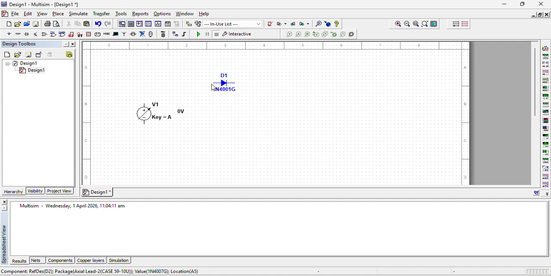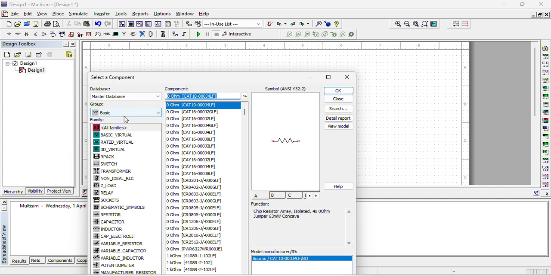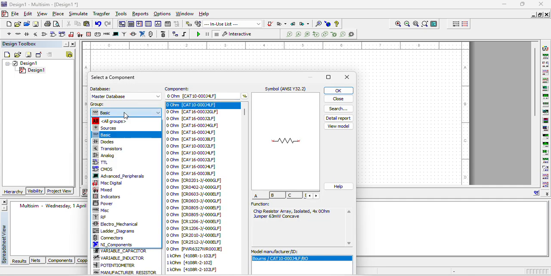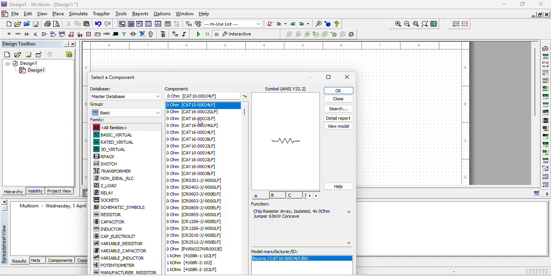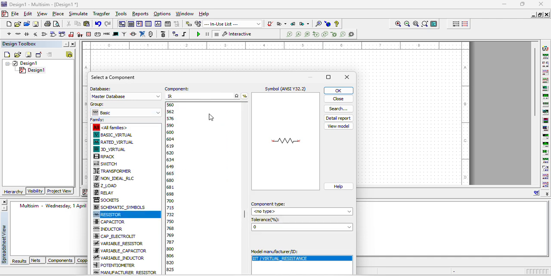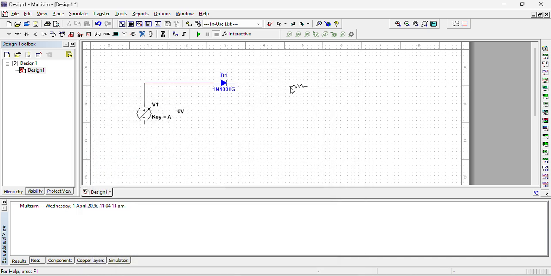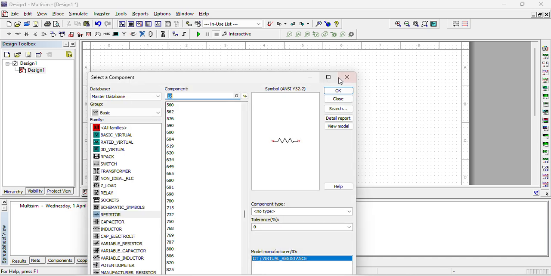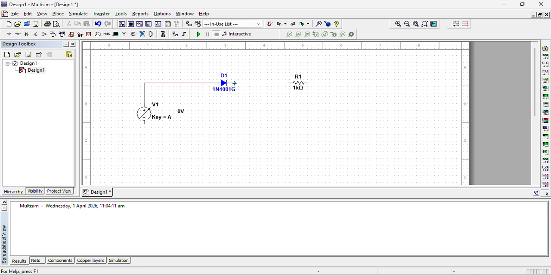So let's use this diode, and let's use a resistor as a load. The purpose of the diode is to flow the current in one direction, while the resistor that we will use now will act as a load. So this is the resistor, and this is a very simple circuit.